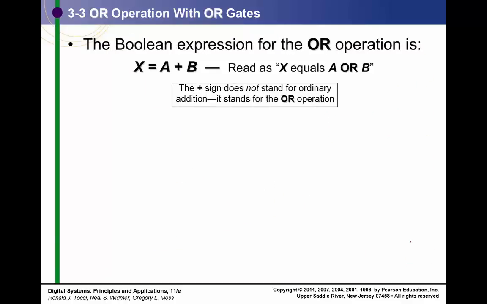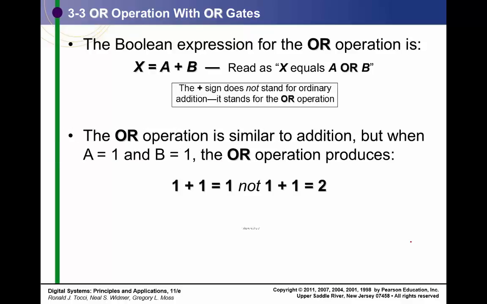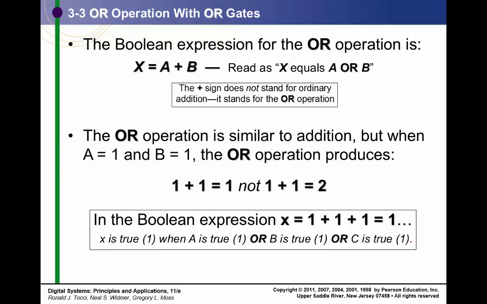we've got the OR function. X is equal to A or B. Remember, OR is not the same as the everyday use of the word. If you write that down, you are basically using Boolean expressions, Boolean algebra.